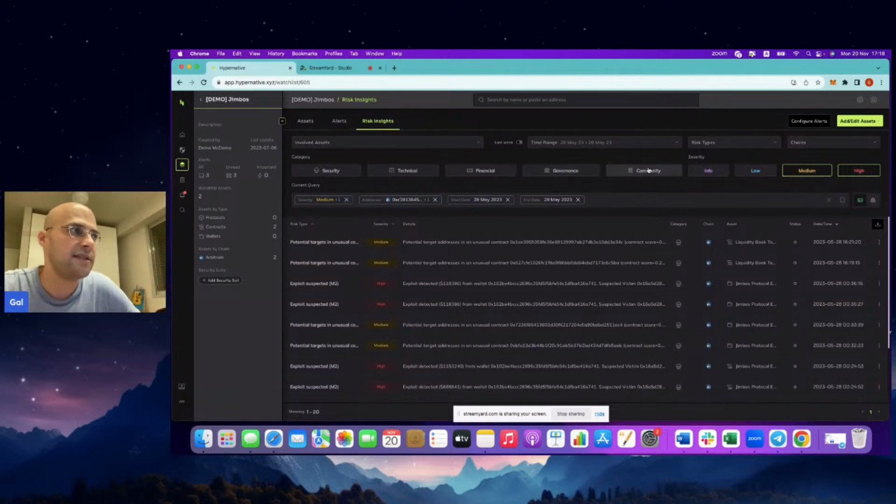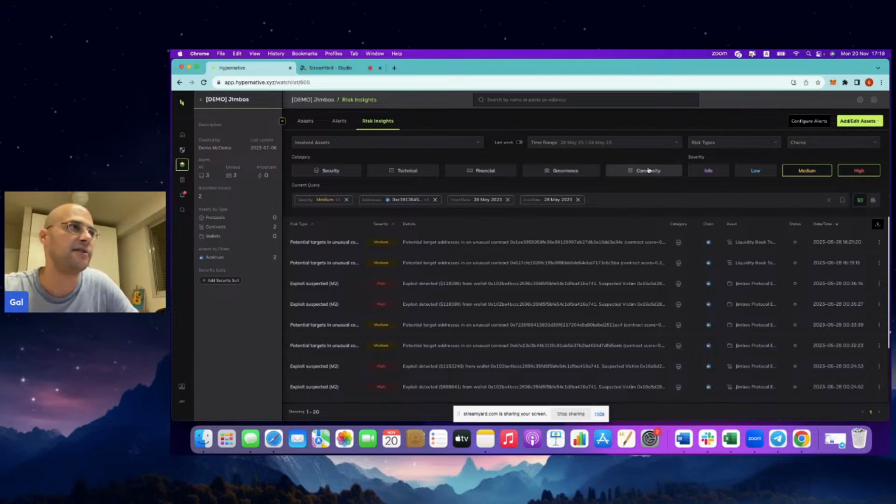The other part is being able to detect phishing and scamming campaigns. So by looking at on-chain data and, of course, off-chain data, you can actually understand malicious campaigns that are doing phishing or scamming on your tokens or protocol. And with the help of Hypernative or other vendors, you can help basically to remove these campaigns.